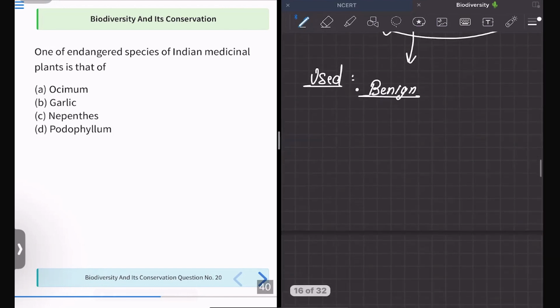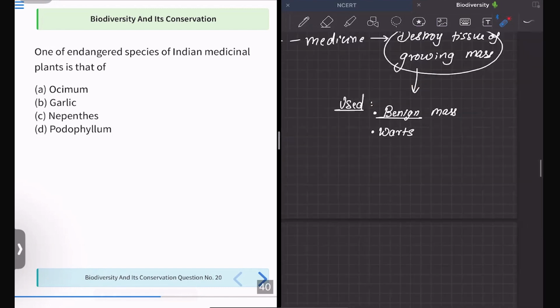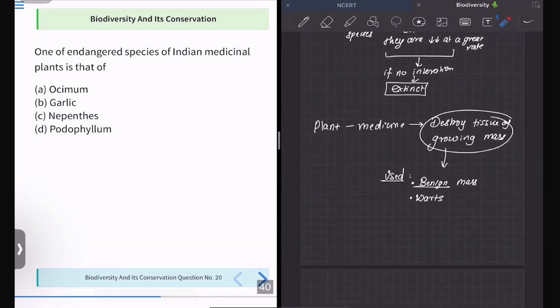So let us write benign mass of tissue or the warts that you see on the skin. These benign masses and warts can be removed by the use of this medicinal plant, none other than Podophyllum.